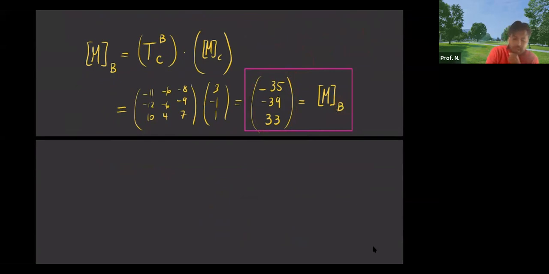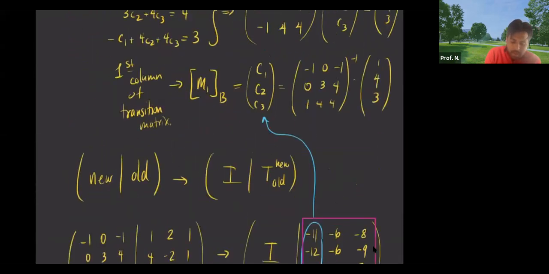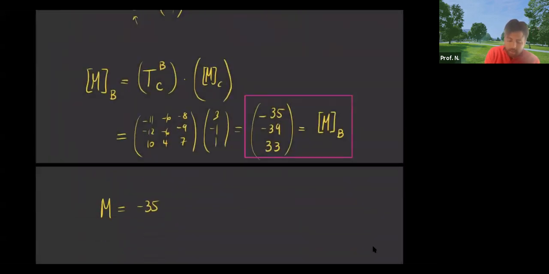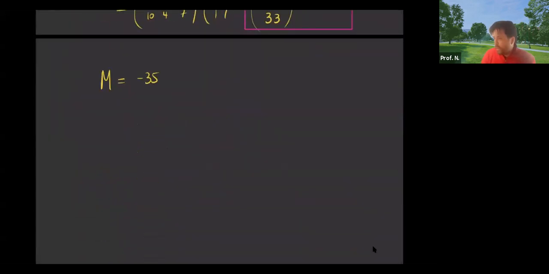So if I were to write M, what would M look like in terms of the basis B? It would be -35 of the first matrix in B. What's the first matrix in B? Hold on, this is number 7, right?